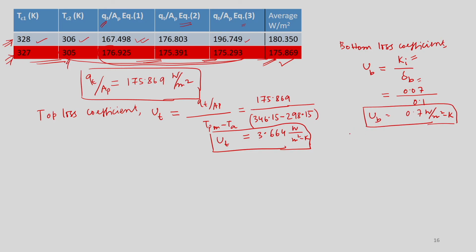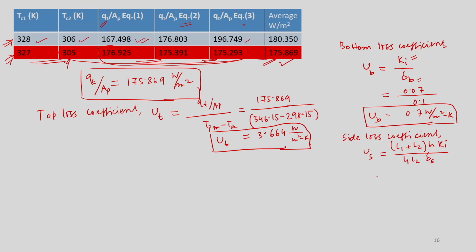Then we will calculate the side loss or edge loss coefficient, that is US. We can use the equation L1 plus L2 multiplied by H, then we have Ki, over L1 L2, then delta S, right.